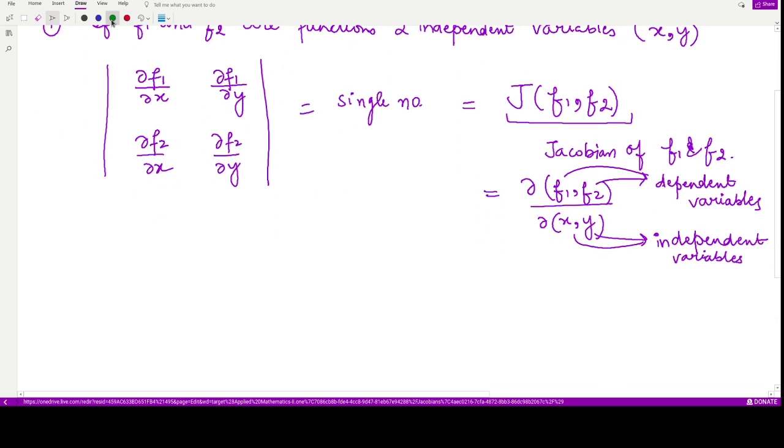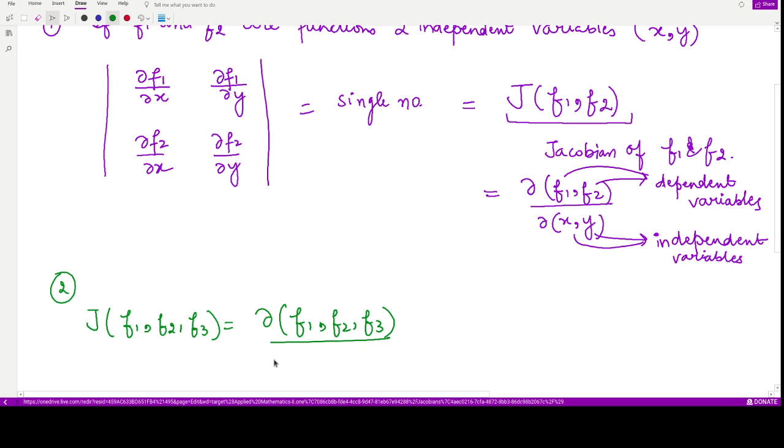Similarly, for three functions, what would this be? If you wanted to calculate the Jacobian of the functions f1, f2, f3, it would be the partial derivative of the functions f1, f2, f3 with respect to the independent variables x, y, z.